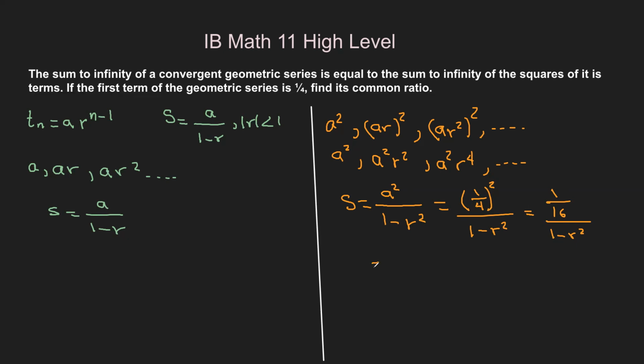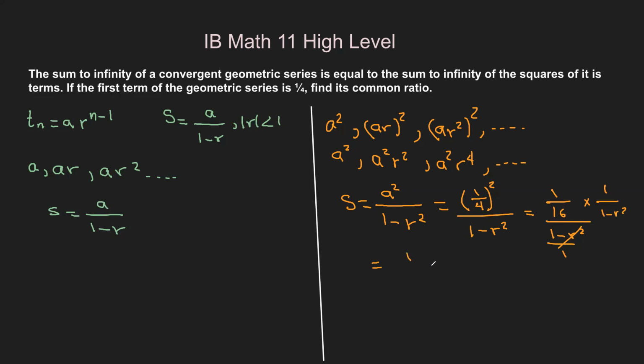This is over 1, so it's the same as 1/16 times, and you flip this to 1 over 1 minus R squared, because this is division. When you divide, you change to multiplication and flip the divisor. If you're able to bring the 16 down there right away, do that, but a lot of people like to see it done this way.